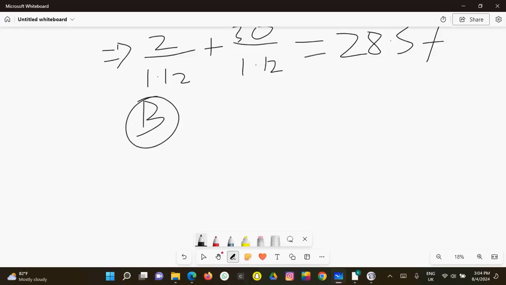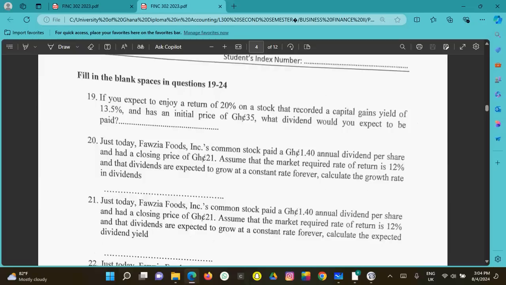So question 19. We are now coming to filling the blank. If you expect to enjoy a return of 20% on a stock, that has a recorded capital gain yield of 13.5% and has an initial price of 35, what dividend would you expect to be paid?